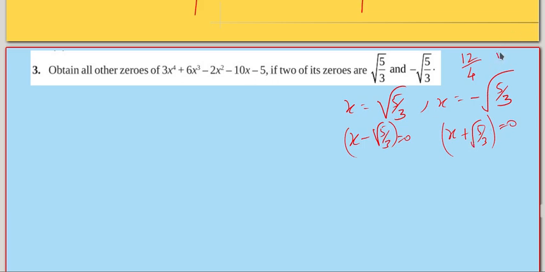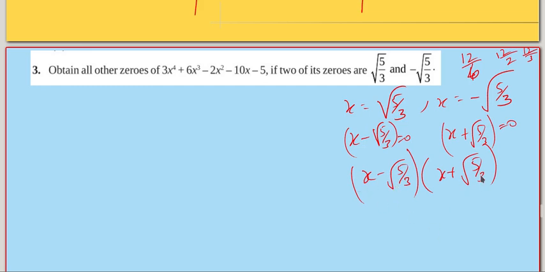Suppose for 12, 4 is a factor, each of its factors are exactly divisible. So 12 is divisible by 2 and 12 is divisible by 3. That means 12 is divisible by 6 also, with this product. If it is divisible by 2 and by 3, definitely it is divisible by the product of the factors also. So the product of the factors, let me find: x minus square root of 5 by 3 into x plus square root of 5 by 3.